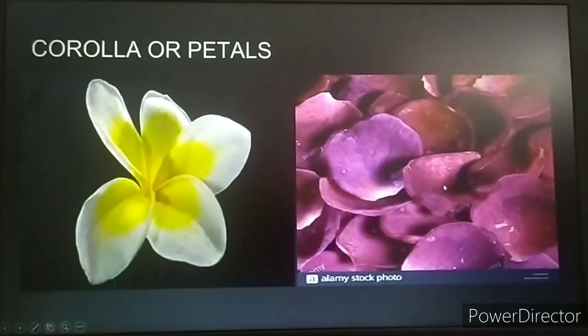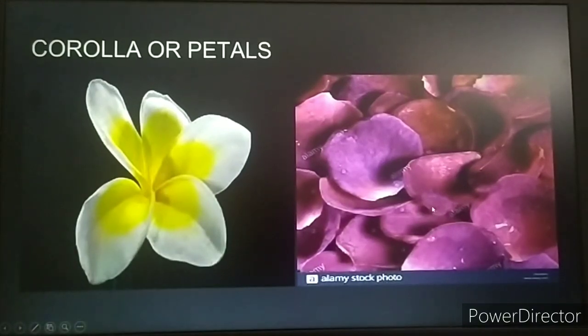So each segment of the corolla is known as petal. In both the figures you can see this, each segment, here we have 5 segments, and of rose flower we have so many segments. All these segments can be termed as petals.